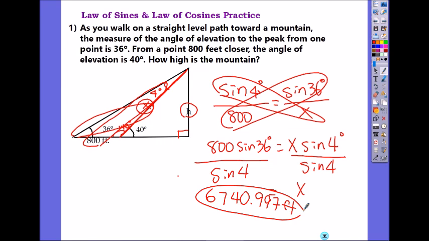So now you can just look at this right triangle, right? I have this angle right here. So this is opposite and hypotenuse. So O and H, you use sine. So sine of 40 equals opposite, which is the height of the mountain, over hypotenuse, which we just found.